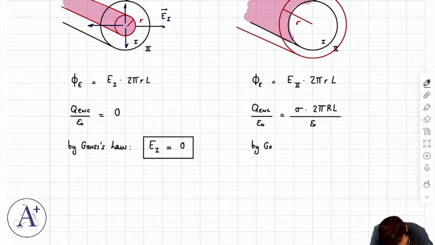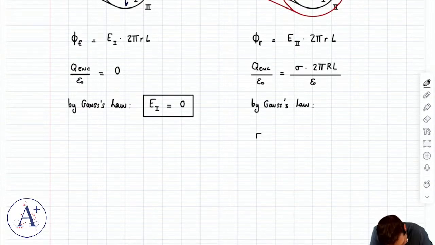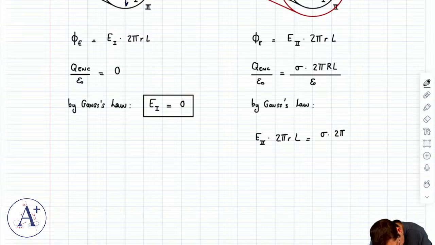And by Gauss's law, these two quantities are equal to each other. I have E2 times 2 pi RL is equal to sigma times 2 pi big RL over epsilon naught.